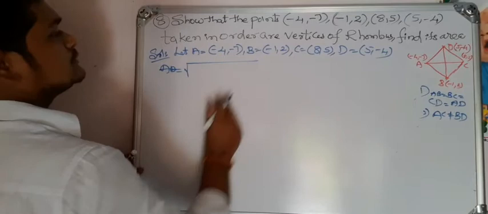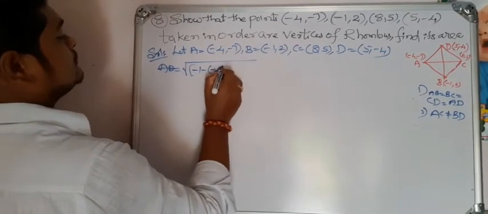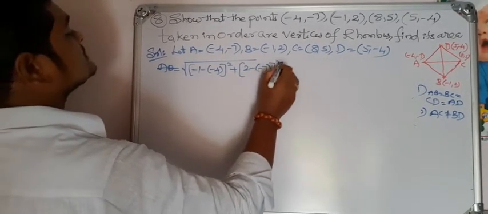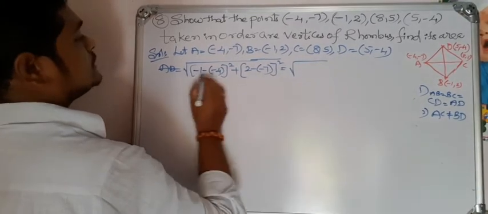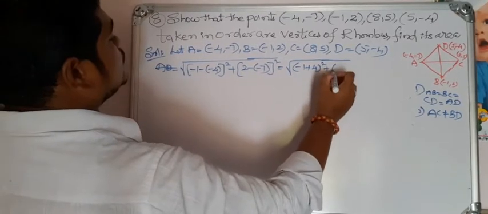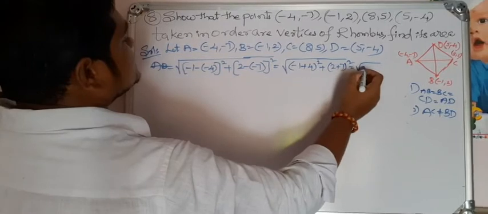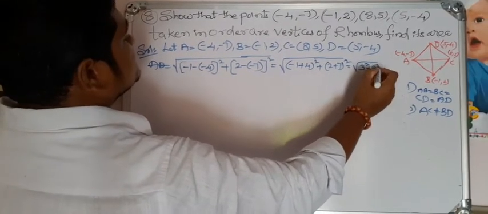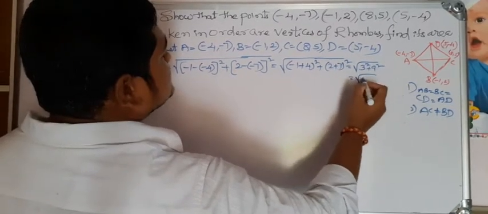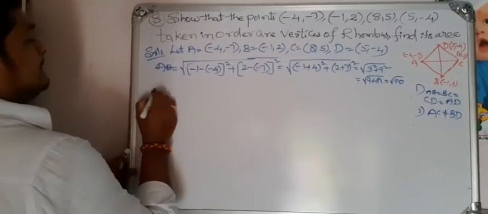AB is equal to root of (-1 minus of -4) whole square plus (2 minus of -7) whole square, which is (-1 + 4) whole square plus (2 + 7) whole square. Simplify: 3 square plus 9 square is 9 plus 81, which is root 90.